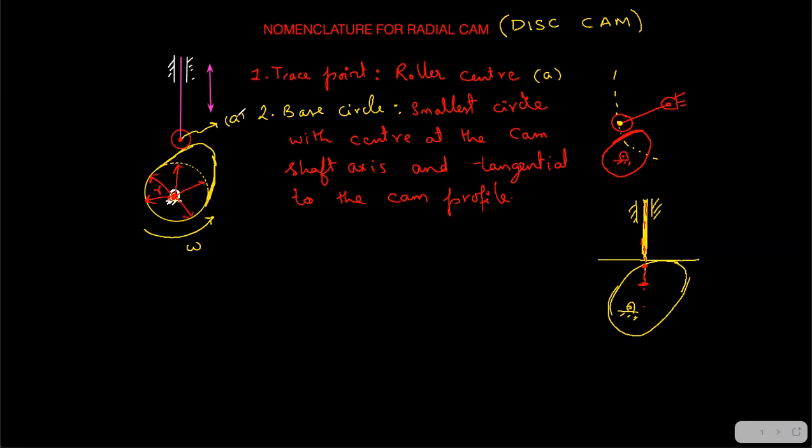It is the smallest circle which can be drawn with cam shaft axis as center and tangent to cam profile. I think both the conditions are satisfied. So first condition is what? First condition, it should be cam shaft axis, right? Should be the center, and it should be smallest circle, and then it should be tangential to cam profile. All these three conditions are satisfied. Only then you can call it as base circle.